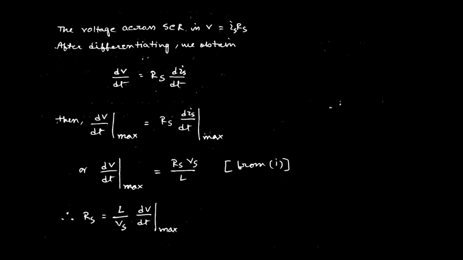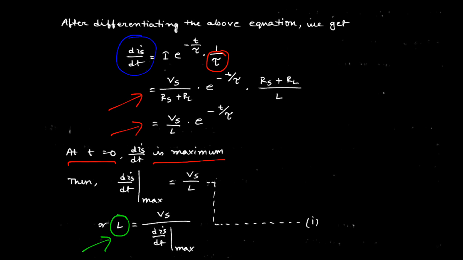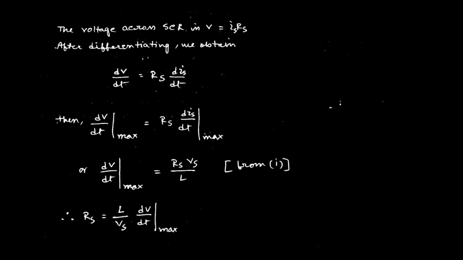And we know the value of dIs/dt max, given in the previous slide, equation 1: dIs/dt max is equal to Vs by L. That is why we can change this expression to Vs by L. So we have dV/dt max equal to Rs Vs by L. In this way we can calculate the design value of Rs, the optimal value of Rs for the snubber circuit, that is Rs equal to L by Vs into dV/dt maximum.